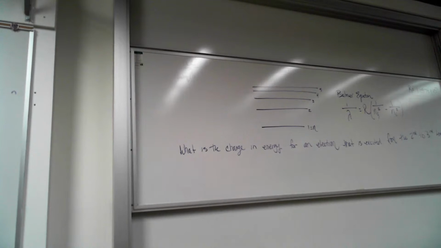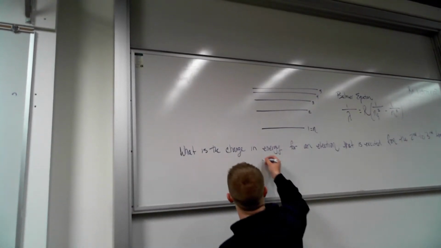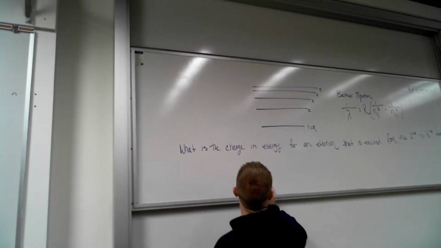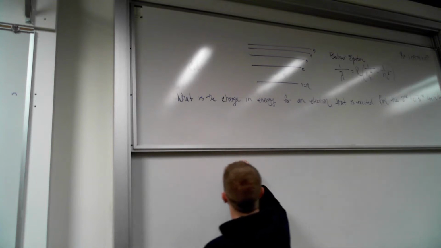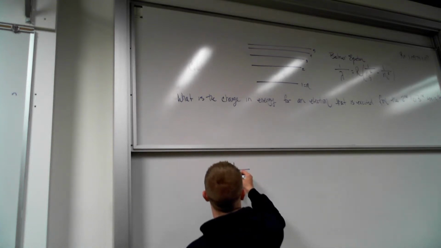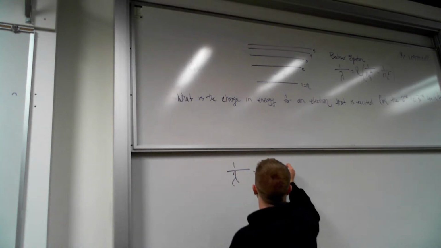Put your n's in the denominators of the fractions in the parentheses. The first one would be the third, because it's the final. The second one would be 2, because it's the initial.